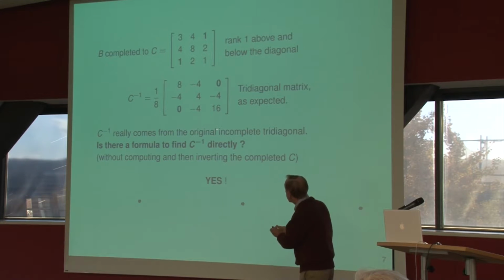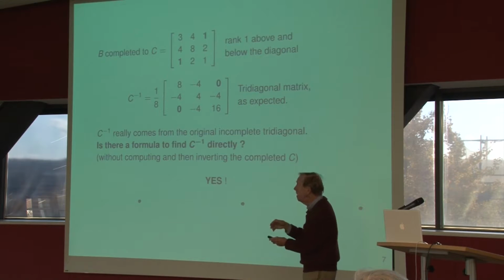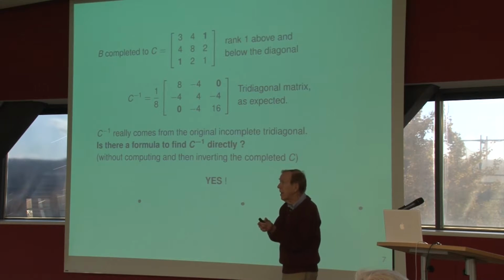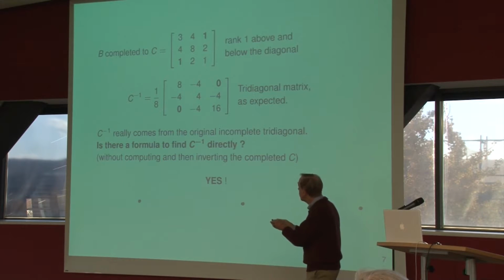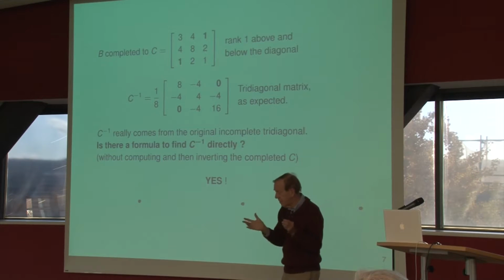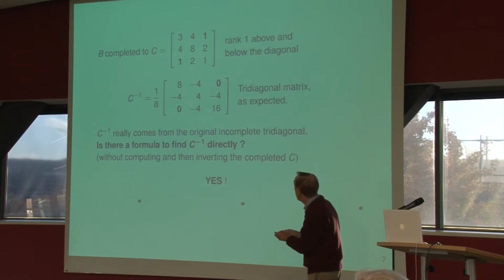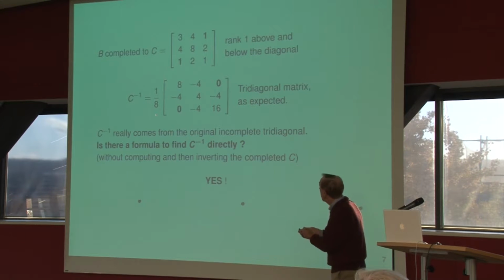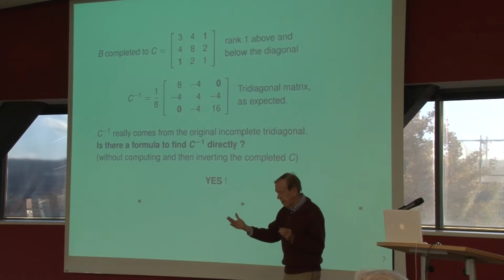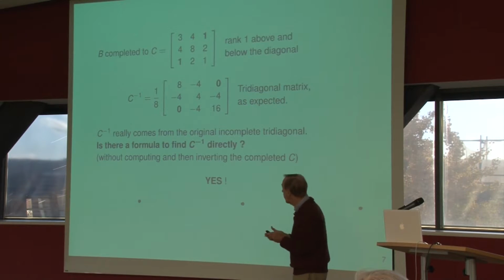Now I've inverted it, and I'm back to tridiagonal. So you see that we started with a tridiagonal matrix, and we ended with a tridiagonal matrix. It's a nice transform between tridiagonal and tridiagonal, by completing and inverting. So take a tridiagonal, complete it, invert it, it's tridiagonal again.